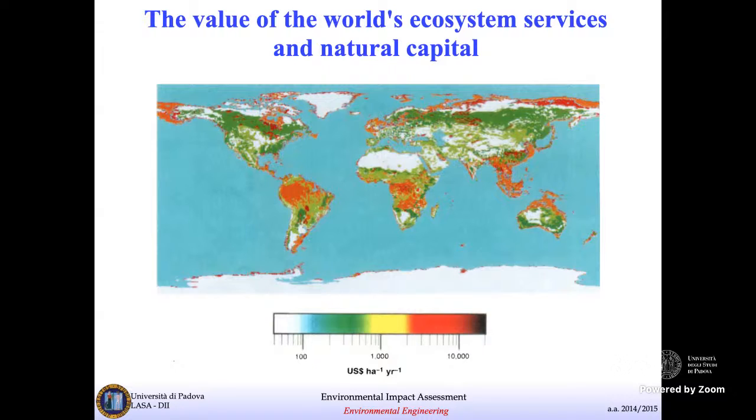But little by little, I have understood that this way of presenting things is very useful for policymakers, because policymakers like to talk dollars and euros, because dollars and euros are very easy to understand.